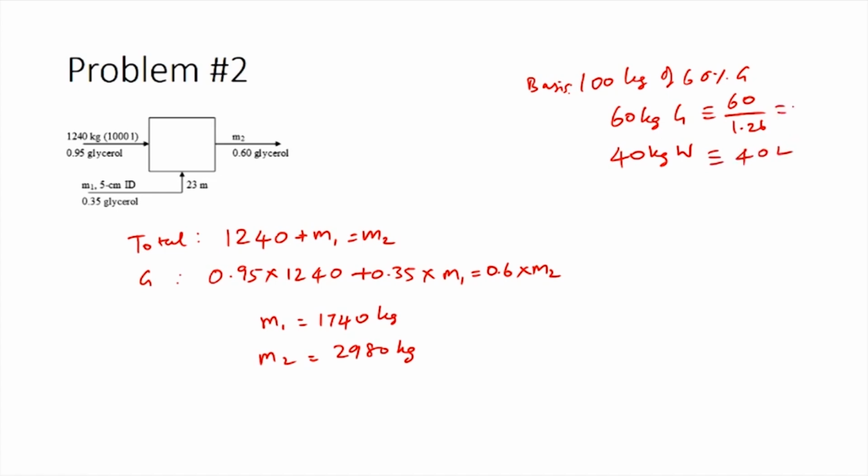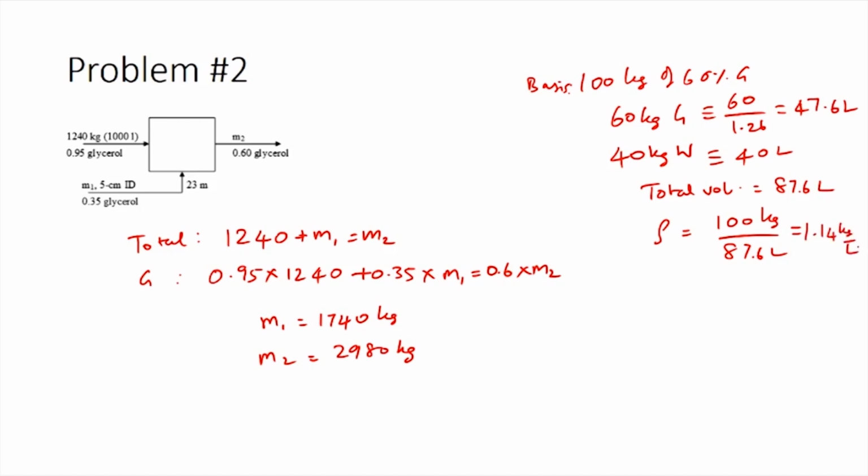So, the volume of 60 kilograms of glycerol would be 60 divided by 1.26, which is 47.6 liters. So, the total volume would be 87.6 liters. Your density would be 100 kilograms divided by 87.6 liters, giving you a final value of 1.14 kilograms per liter.